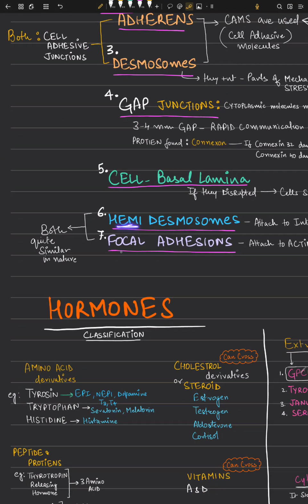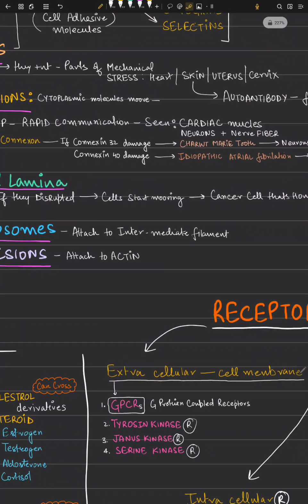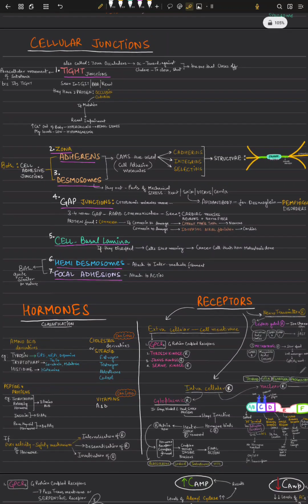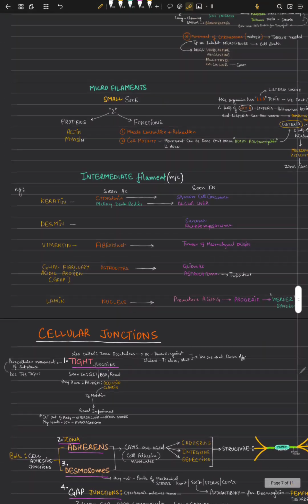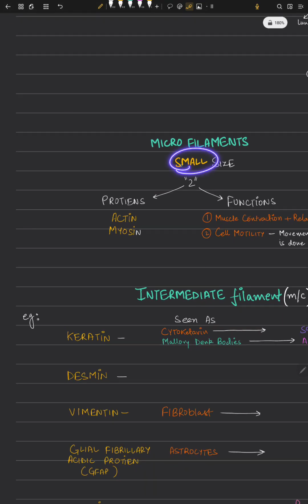Hemi is half, focal is also like focused. So these two are quite similar in nature, and what happens is that this adhesion is attached to actin. Do you remember actin? We just talked about actin. Microfilaments, smaller in size, actin and myosin too.